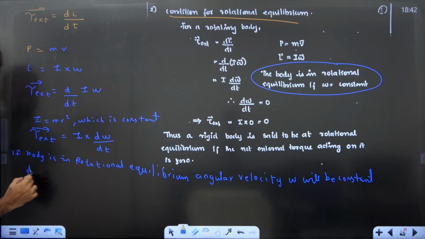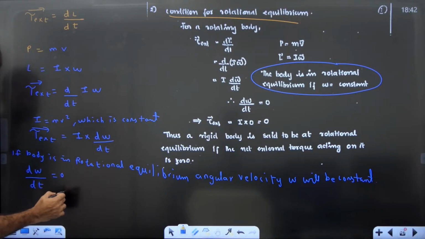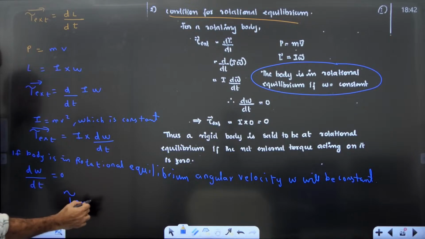So d omega by dt is equal to 0. That means external torque equal to 0.